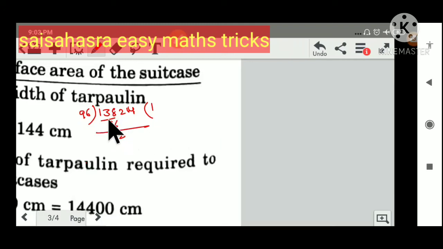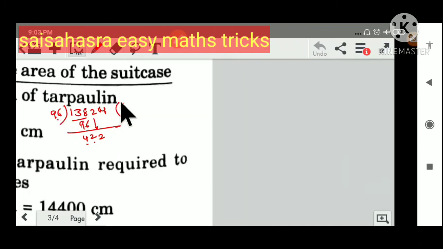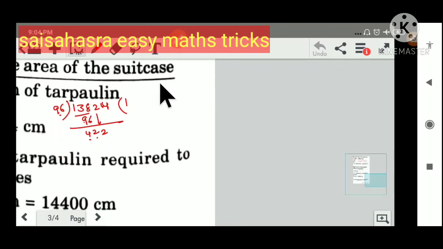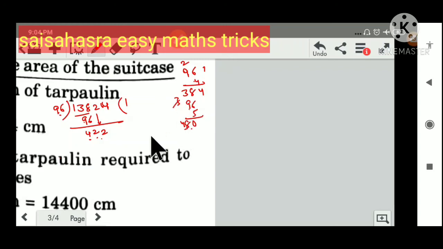Subtraction: 8 minus 6 is 2, 13 minus 9 is 4. 42 is not divisible by 96, so take down this 2, so it is 422. 96 five times is 480, crossing 422. 96 four times: 4 sixes are 24, 4 nines are 36, plus 2 is 38, so 384, which is less than this. When taking 96 five times, 5 sixes are 30, 5 nines are 45, plus 3 is 48, so 480 is crossing 422. So we will take only 96 four times, which is 384.